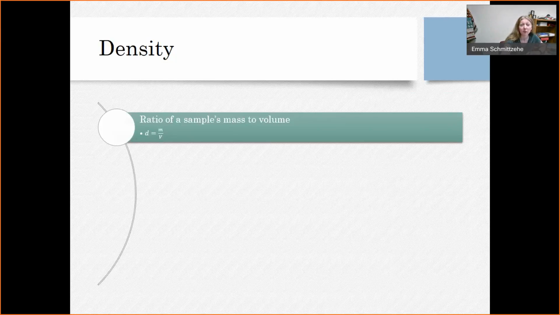So if it's more convenient for you to measure mass, you could just measure the mass and use the density that you find in the table for that substance to calculate volume. Or if it's more convenient for you to measure the volume of that substance, you could measure the volume and look up the density and calculate mass. Okay, so you can utilize that equation to solve for any of those three parameters.